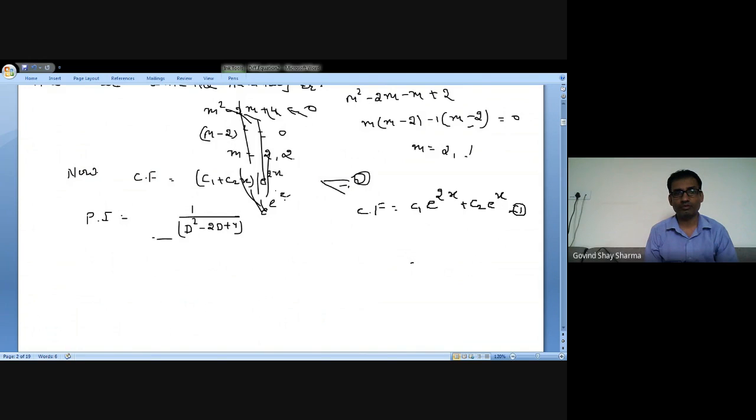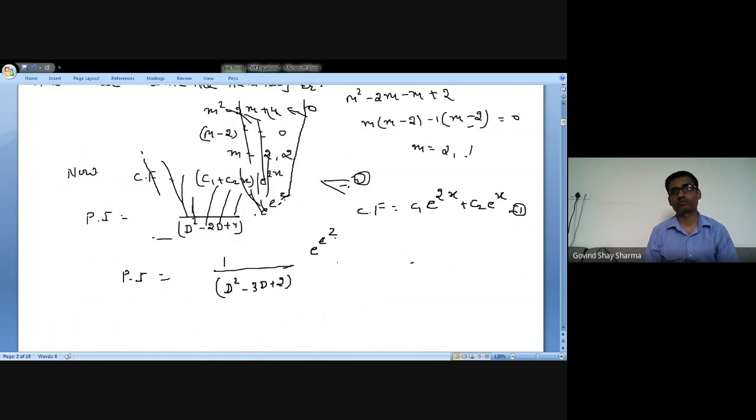Now come to the PI. There was a minor calculation mistake here, so I write 1 upon D squared minus 3D plus 2, applied to e to the power z. This is our required PI.